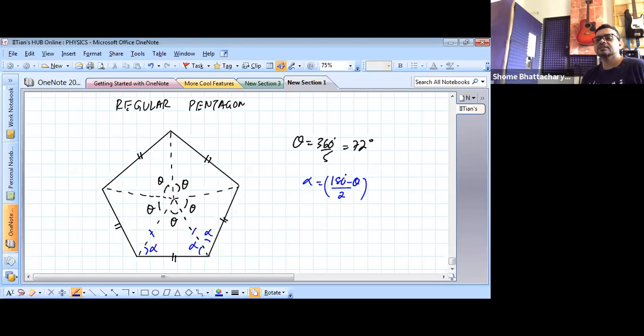Therefore, all the exterior angles again become theta, because you can see theta is 180 minus 2 alpha. The exterior angle between two consecutive sides is again 72.